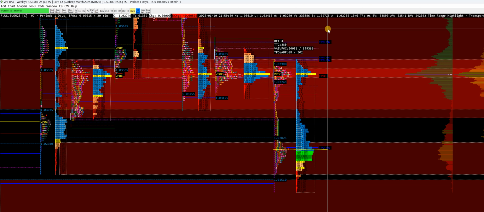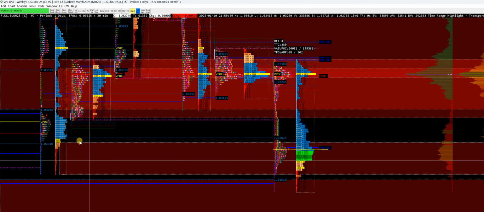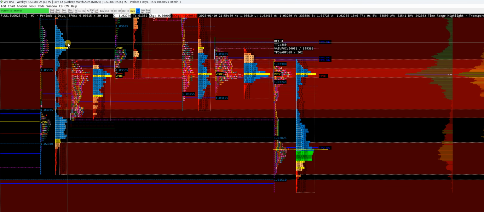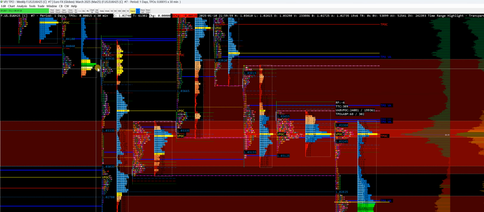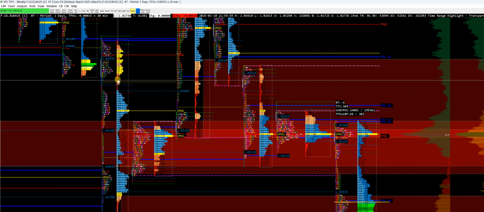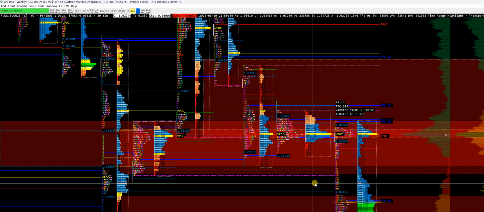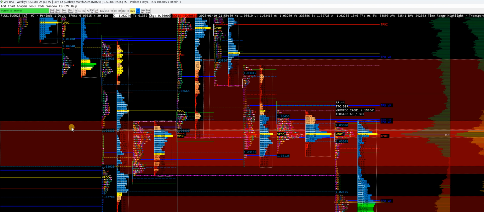Okay. Now, there are other rules I'll go through when you've got thin volume tails, selling tails, buying tails, when you've got single prints coming for the footprint, when you've got low volume nodes or high volume nodes or point of control, and those are the lines that you can see I'm extending here.